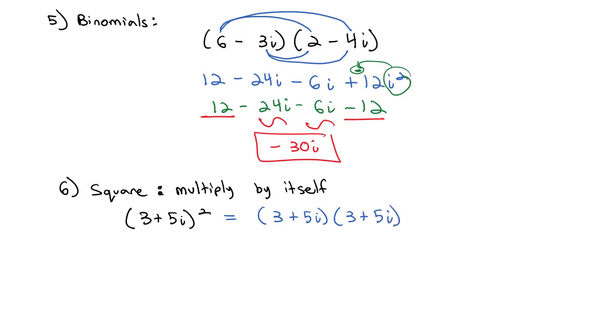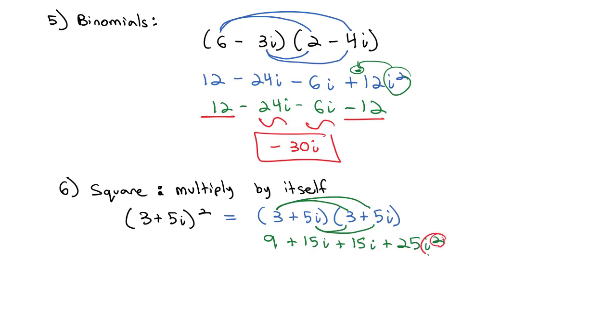And then it becomes a problem just like the one we saw previously. We'll do 3 times 3 to get 9, 3 times 5i to get 15i, 5i times 3 to get 15i, and 5i times 5i is 25i squared.